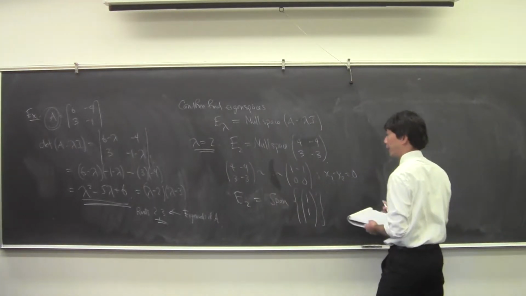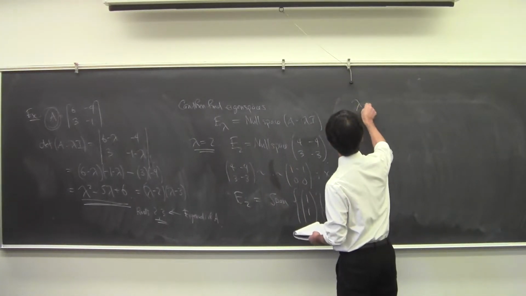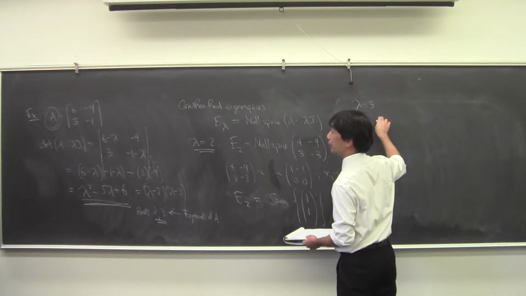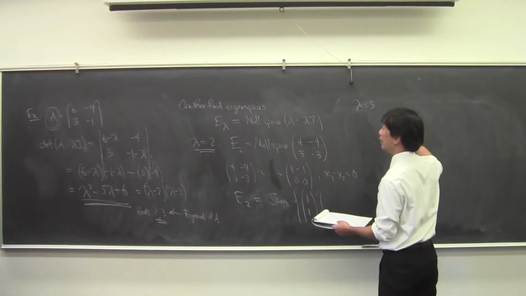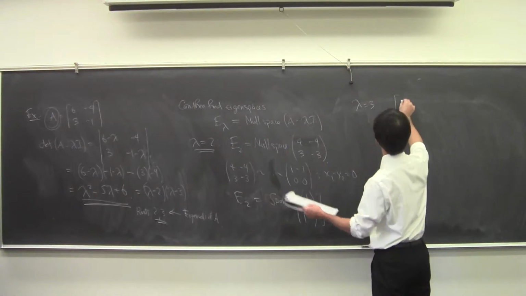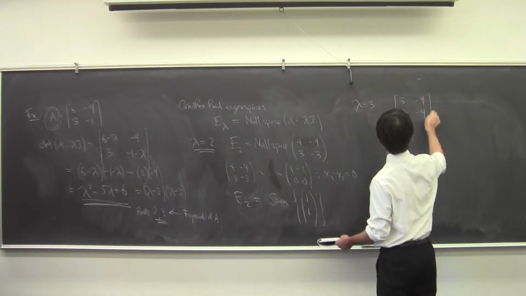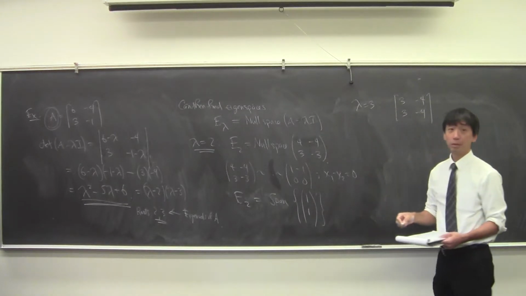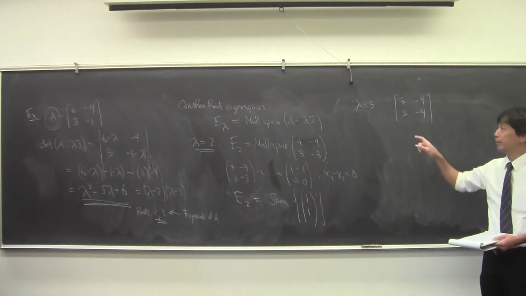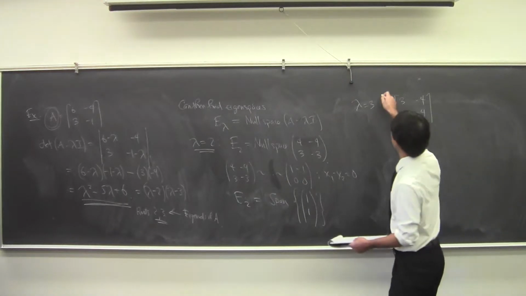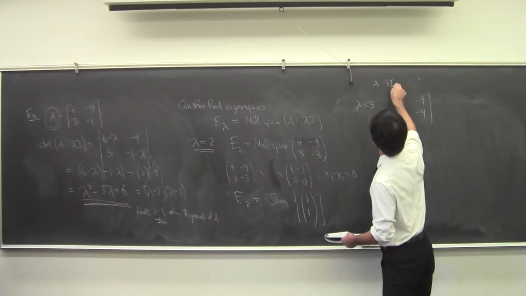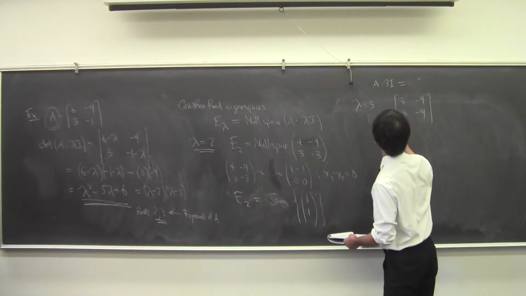And then for the other guy, for lambda equals 3, well, you're going to get 3, negative 4, 3, negative 4, right? We want the null space of A minus 3I, which equals this thing.